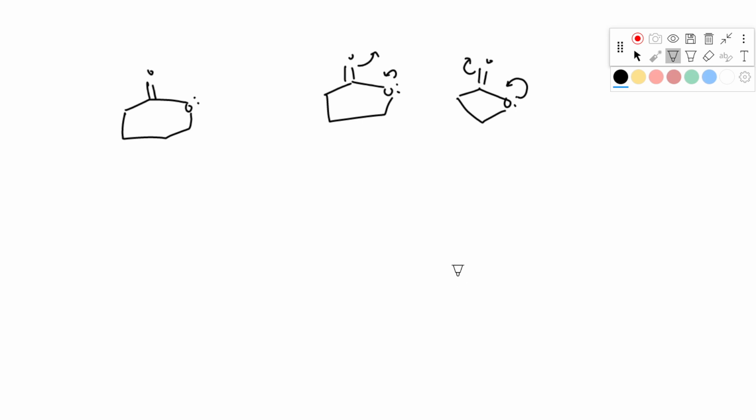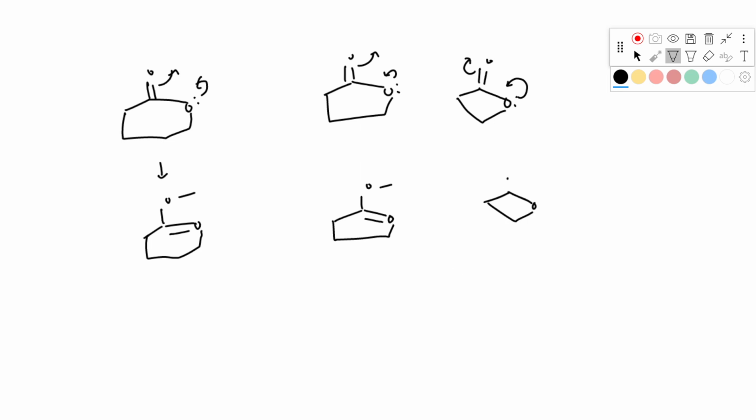So this double bond becomes single bond because of this resonance. Then I will get this structure, single bond O minus, and the next one is this single bond O minus. The next structure is a four-membered ring, and here O minus double bond.